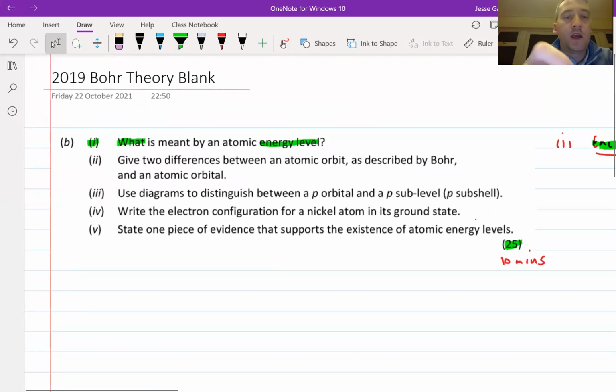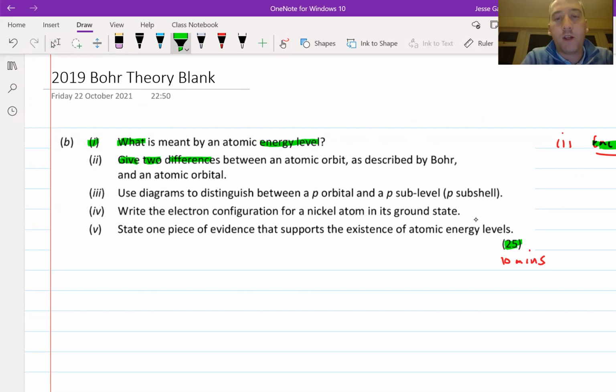Next one, give two. Make sure we do two now. Give two differences between an atomic orbit, as described by Bohr, and an atomic orbital. So very similar terms, and we have to give two differences. A little tip: anytime we're asked to give differences, sometimes if it's suitable, it's handy to use a table.